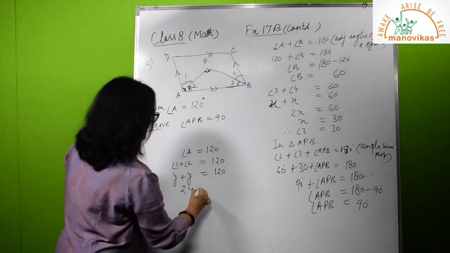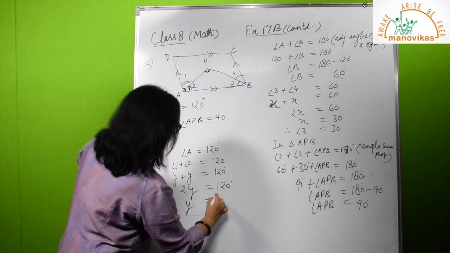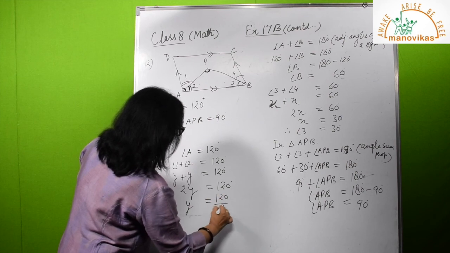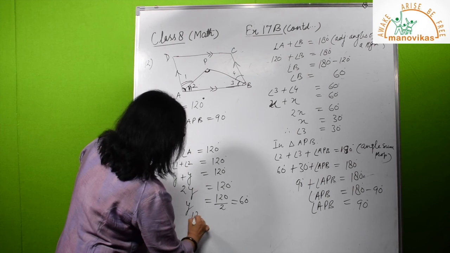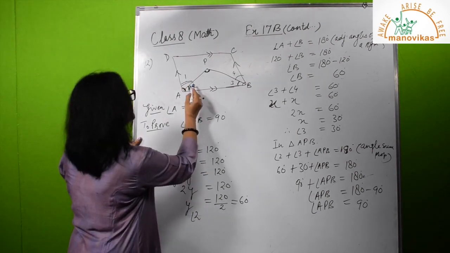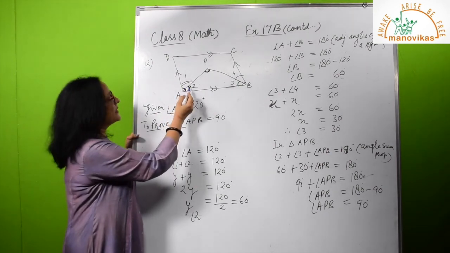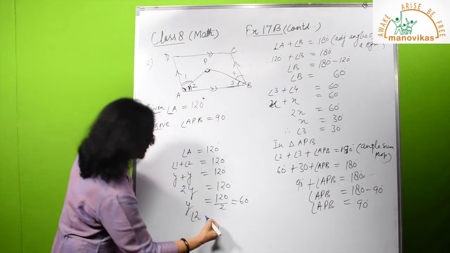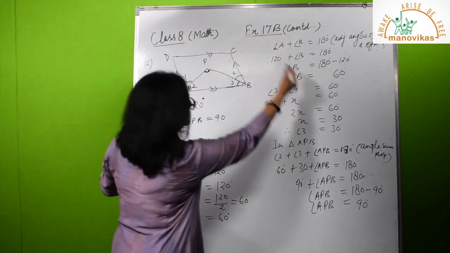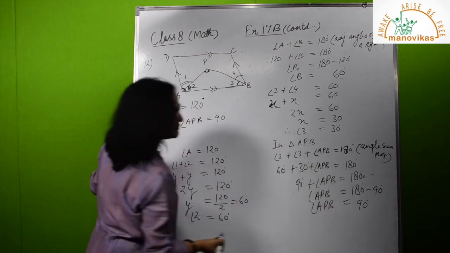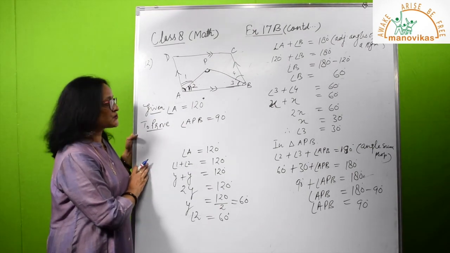So 2y is equal to 120 degree. Therefore y is equal to 120 divided by 2, and that is equal to 60 degree. So this is angle 2. You can take angle 1 also, but because in this triangle we have mentioned this as angle number 2, you will write here angle 2 is equal to 60 degree. So this here, and then continue with this APB is equal to 90 degree. Okay. So I hope you have understood this.